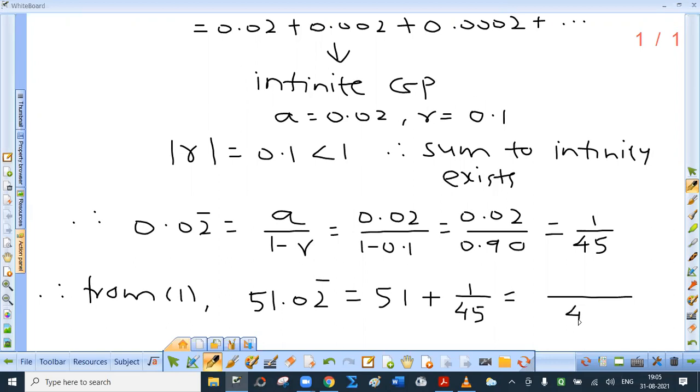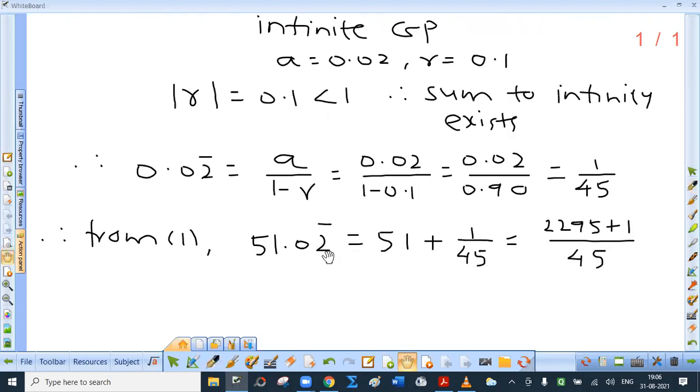Clearly LCM is 45. 51 into 45 is what? Just check this. 2295. Let's check this. So 2296 upon 45.